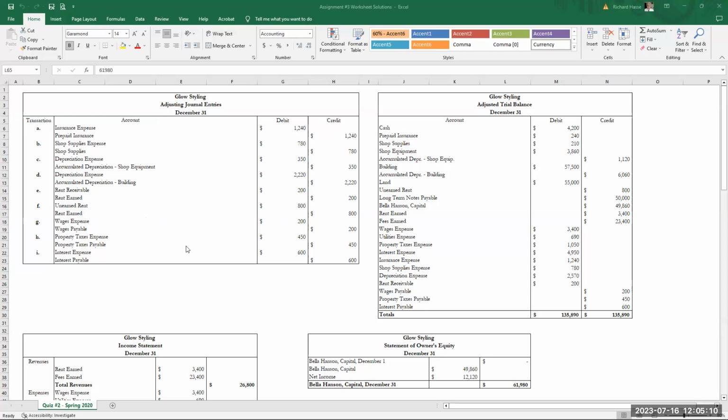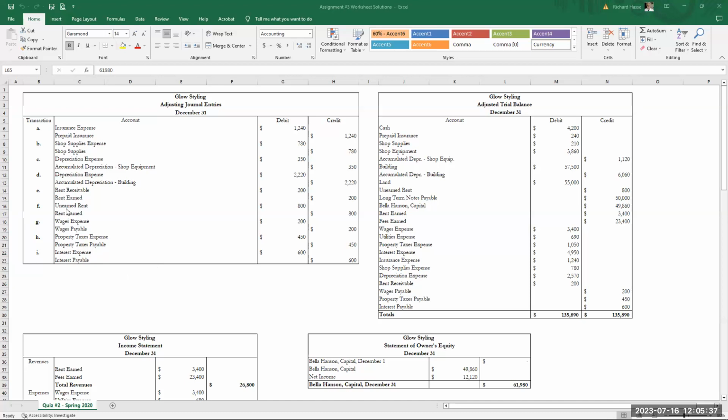And then finally, letter F, $800 of unearned rent account balance was earned by year end. Well, if you look in the unadjusted trial balance at the beginning of this problem, you see that unearned rent has a balance of $1,600 on the credit side. In transaction F, they're now telling you that $800 of that has been earned.